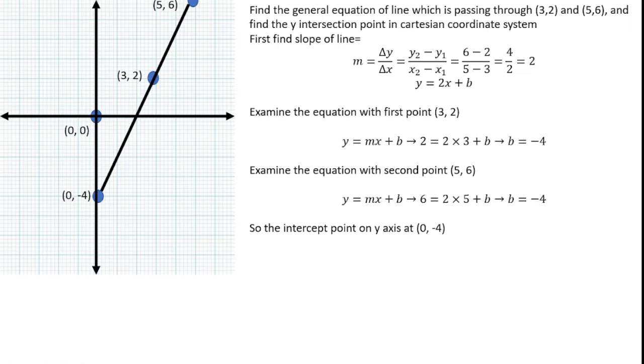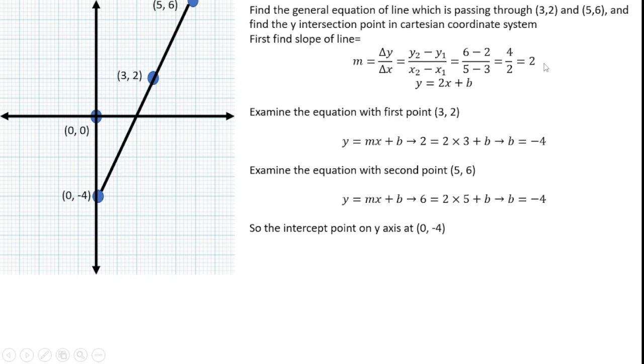Here x2 is 5 and x1 is 3, so I replace both terms with 5 and 3. So I get 5 minus 3, which is 2. So 4 by 2 is equal to 2. So the slope of this line is 2.